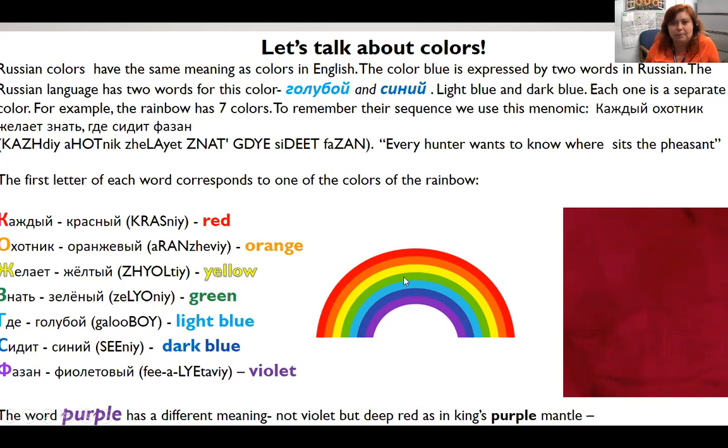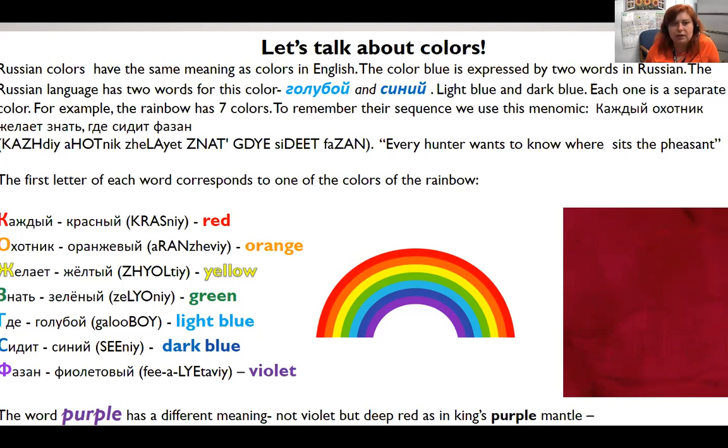So to remember the sequence in which rainbow colors are placed, we use a mnemonic rule, where the first letter of every word starts with the same letter as the colors of the rainbow.